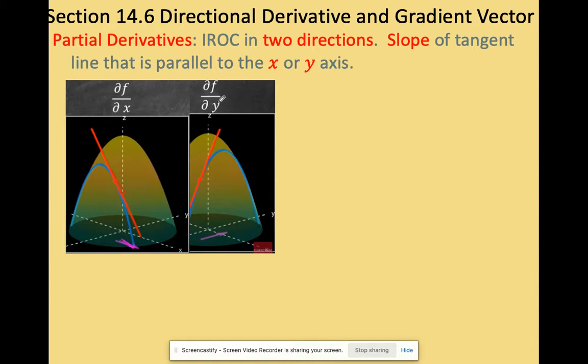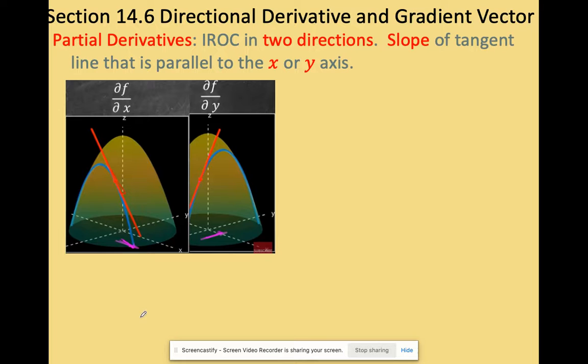If I do the same thing in the y, if I slice a plane down vertically through the xy plane, I get the blue curve. No matter where I move my plane that I'm slicing through, as long as I hold x constant, I project my tangent down onto the xy plane, and I'm going to get a vector that shows the direction of the derivative.